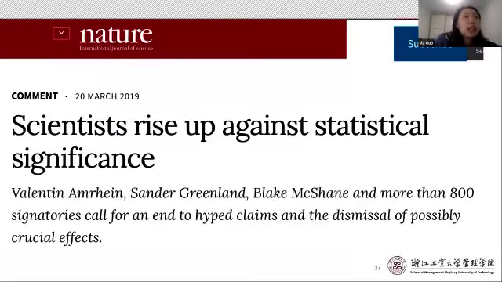This slide is a comment published in Nature in 2019, and the title is Scientists Rise Up Against Statistical Significance. They mention the dichotomization of p-value and indicate that researchers should learn to embrace uncertainty.